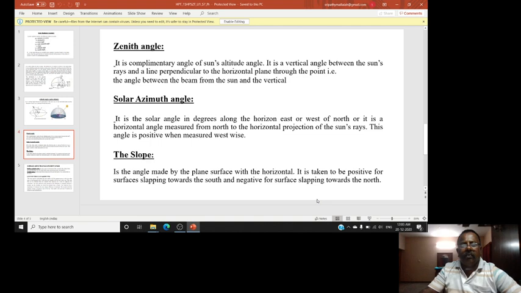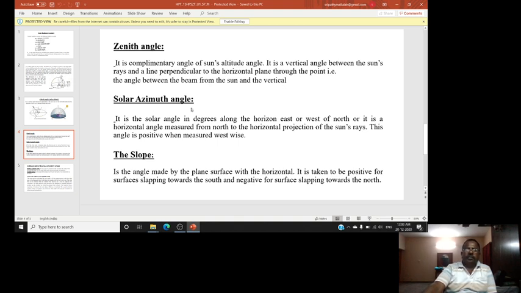So once again, let us go to this. The zenith angle is the complementary angle of the sun's altitude angle. It is a vertical angle between the sun's rays and the line perpendicular to the horizontal plane through the point, that is, the angle between the beam from the sun and the vertical.